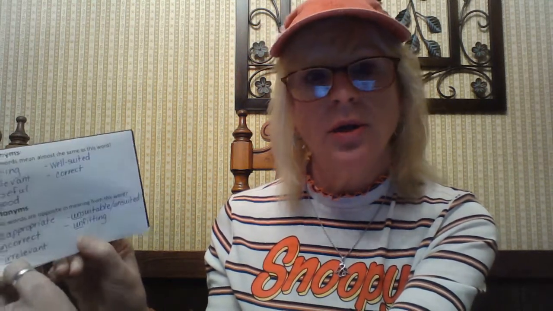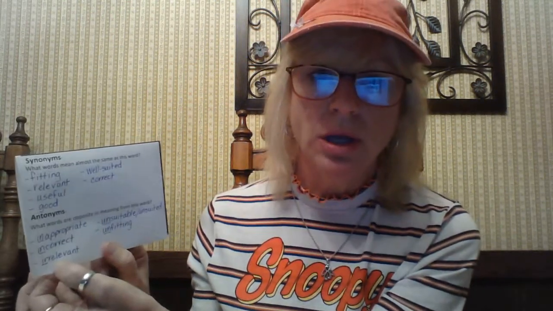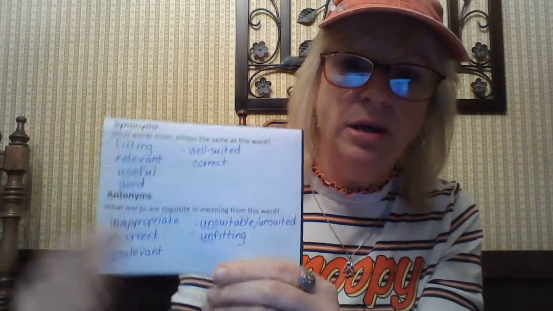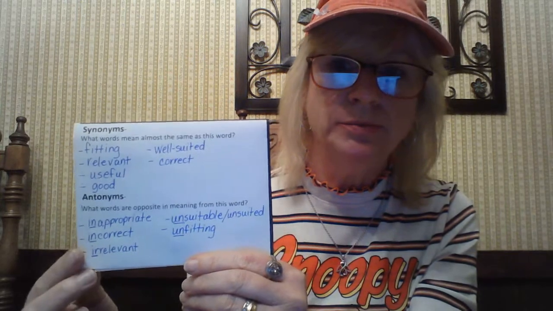Ir is another prefix that means not. Irrelevant is not relevant. So that's not the matching or the best behavior or the best tool to use, okay? It's not relevant. Like I was talking about those tools for art. They're not relevant for art. Unsuitable or unsuited and unfitting. So we have the word fitting up here, and then we have unfitting down there. Okay? So those are the synonyms and antonyms.